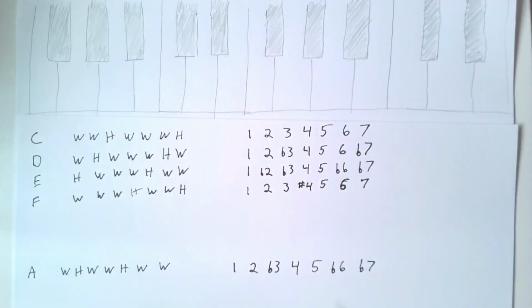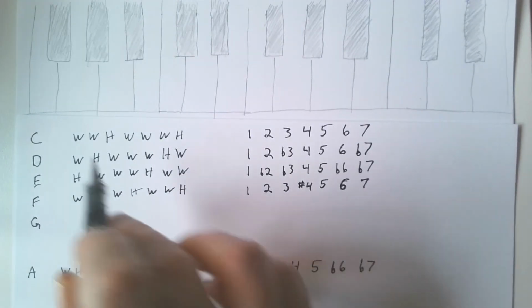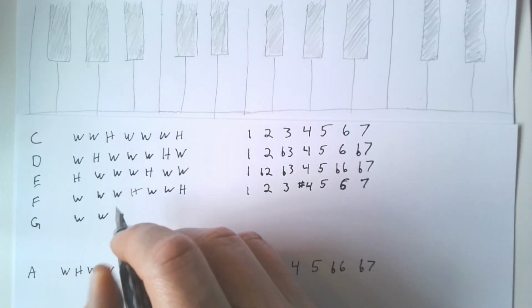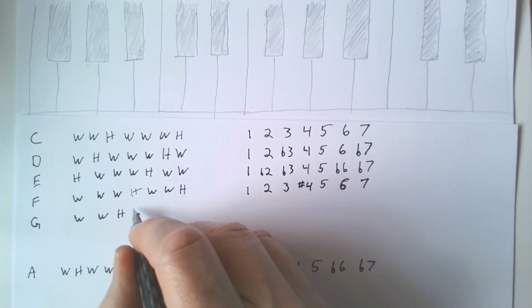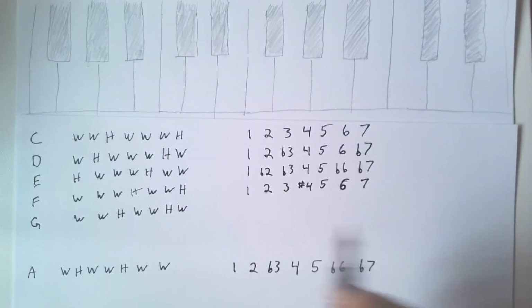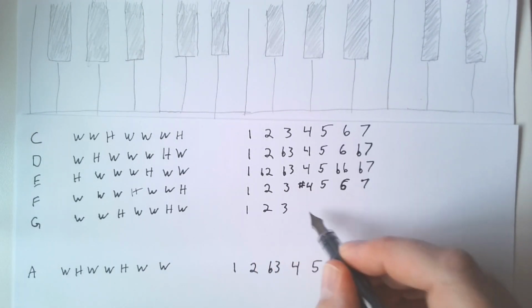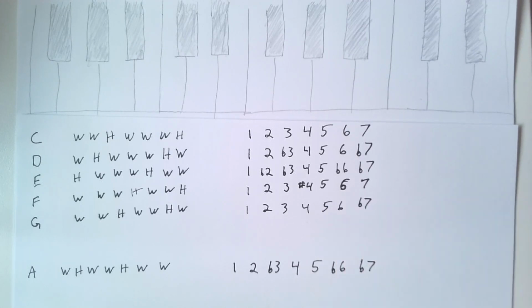Okay? That's F. What happens if we start it at G? If we start at G, we get whole, whole, half. Whole, whole, half, whole. That corresponds to 1, 2, 3, 4, 5, 6, flat 7.